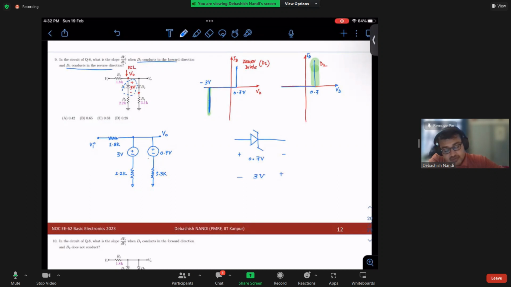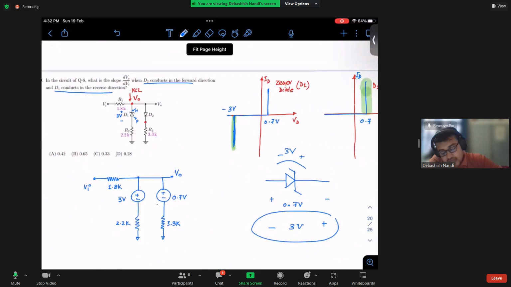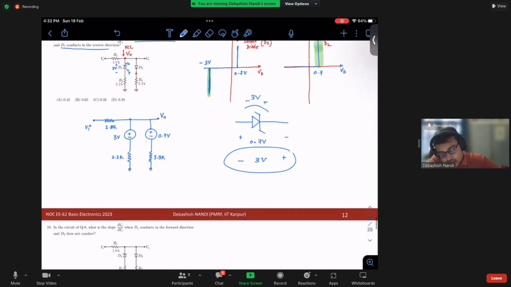At reverse bias, this should be my 3 volt, because this is my N terminal and this is my P terminal. It is on the negative side of the axis. So this polarity is fine. This is the equivalent circuit.